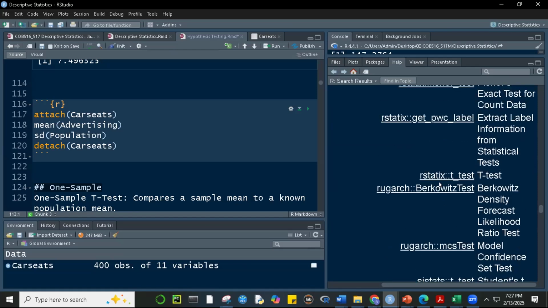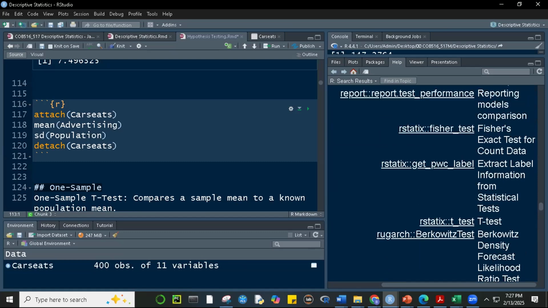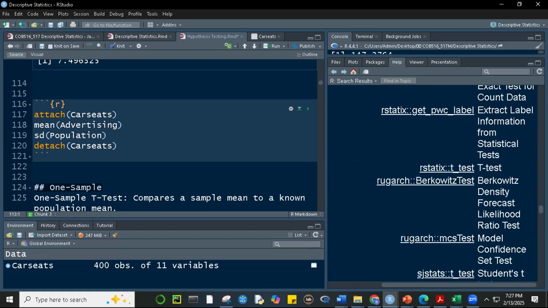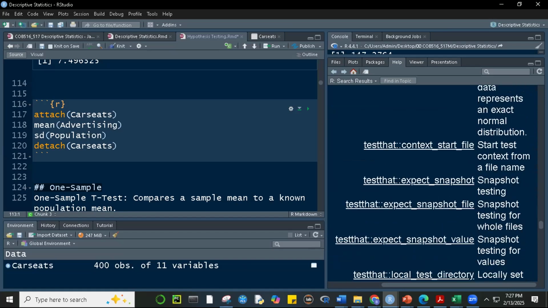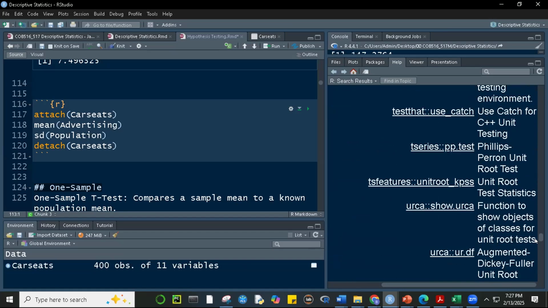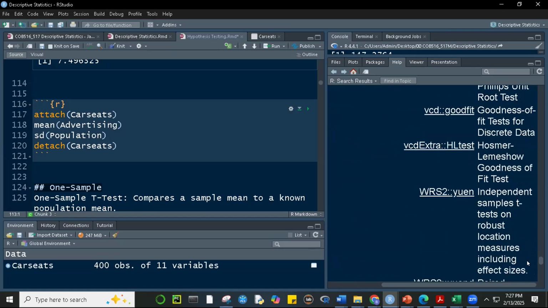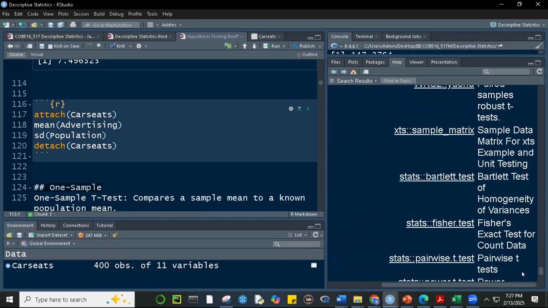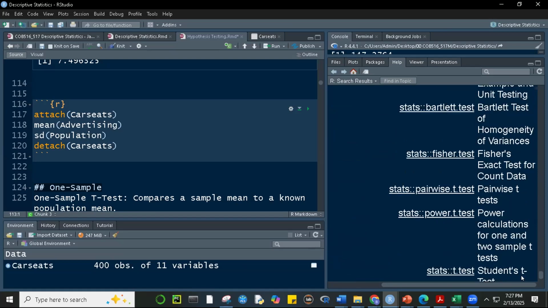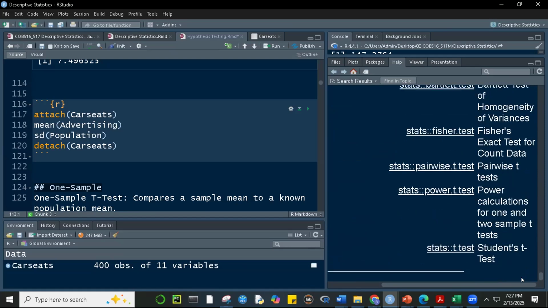There's also this one, R statistics, t underscore test. So there are many similar tests. This is one of the disadvantages here, class. But here, okay, it's from the stats package. Stats t dot test.